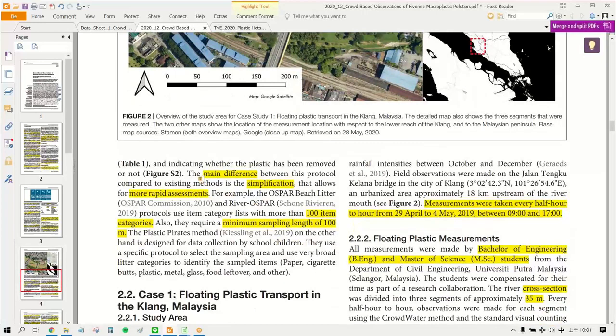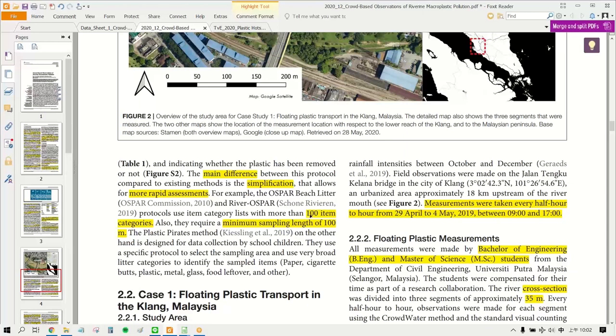And on the next page, they say the main difference between this new protocol and the traditional method is the specifications. In the traditional method, the River OSPAR method, people have to divide those items into a very big and long list.